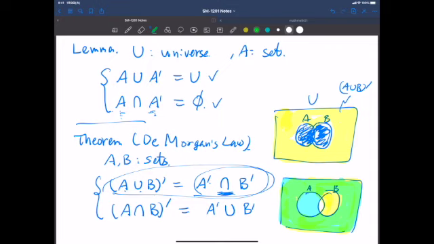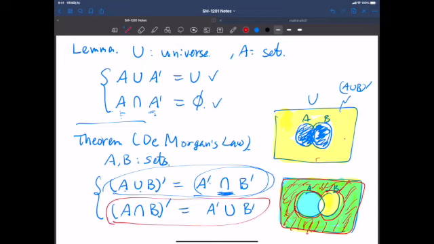I don't have any colors, so that means this green part, everything in between. So this red shadow is equal to this yellow part. That's what this means, and you can visualize the second equation in a similar manner.